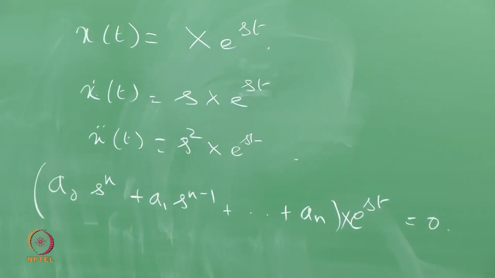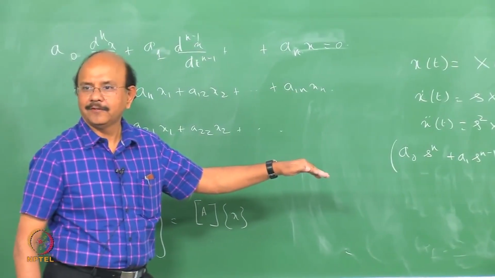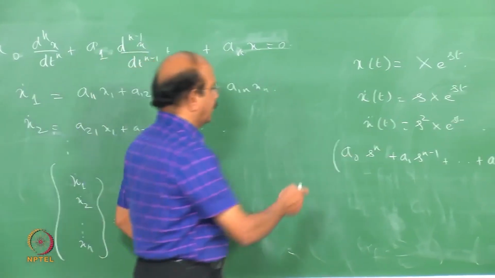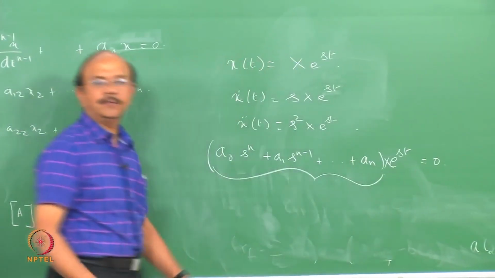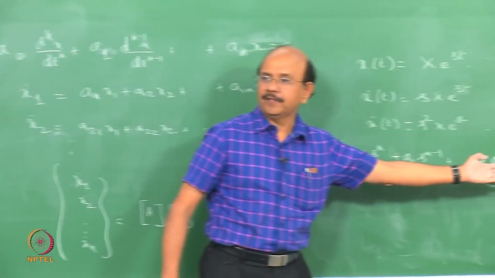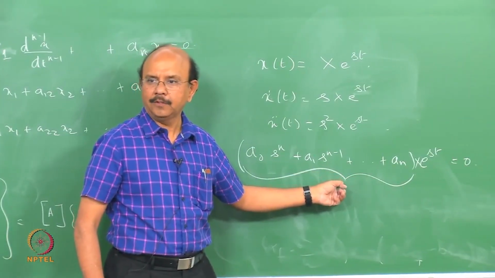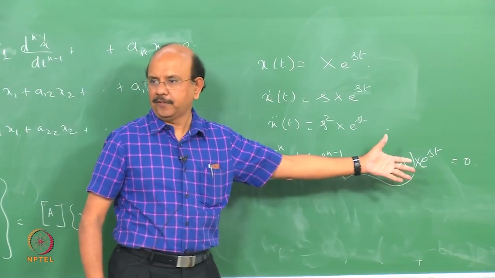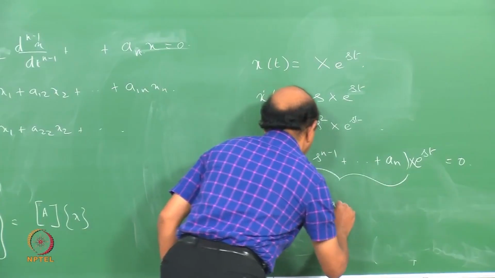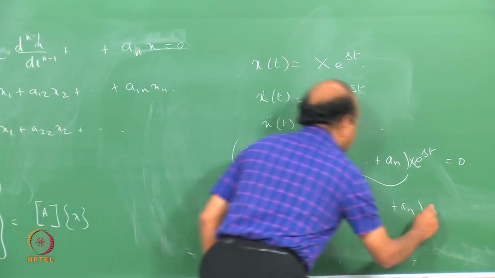Okay. The next step is obvious. We have done this. For a non-trivial solution to exist, this polynomial has to be equal to 0. What is the trivial solution? X is equal to 0, because once e power st is not equal to 0, then X has to be equal to 0, and that's a trivial solution. So for a non-trivial solution, a0 s power n plus a1 s power n minus 1 plus so on plus an is equal to 0.